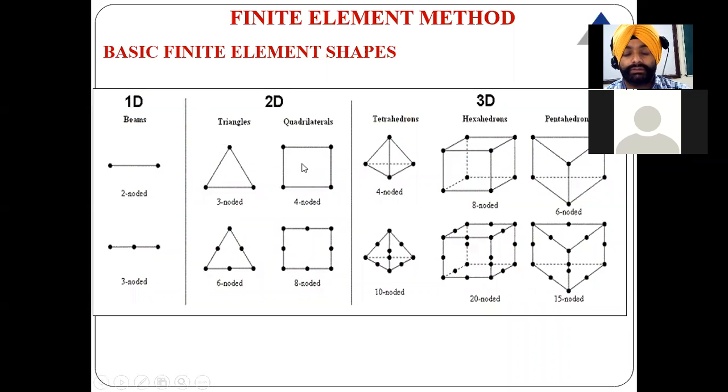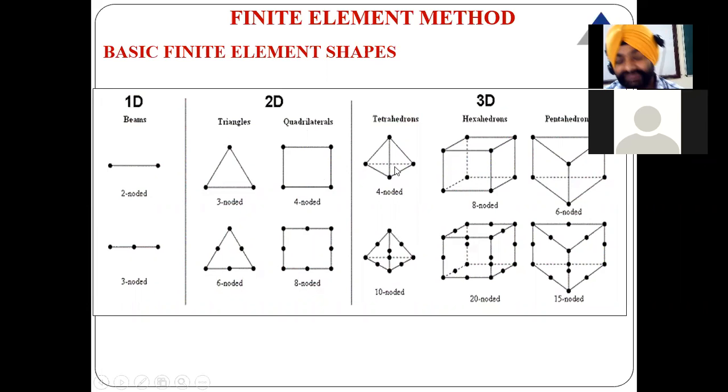You can divide it into quadrilaterals. It is a triangle with 3 nodes, and you can divide it into 6 nodes also. Similarly, you can divide that quadrilateral or square into 4 nodes, or you can have 8 nodes also.